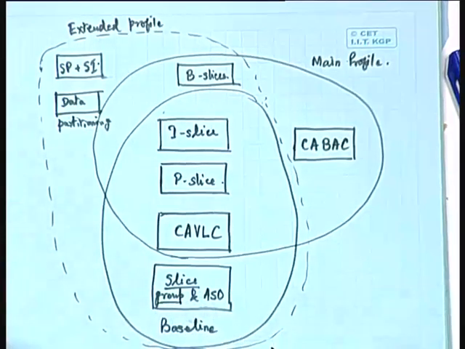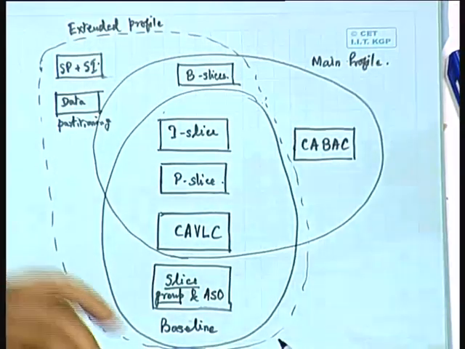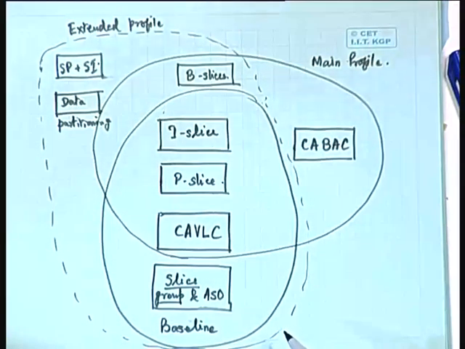Now, I need to talk about slice group. I have mentioned it, but I have not talked about it so far. Slice group, as the name implies, is a collection of slices. A slice in turn is a collection of macro blocks, and slice groups are collections of slices which may not be in raster scan order. Rather than explaining in words, a few examples of how to form slice groups would make it very clear.